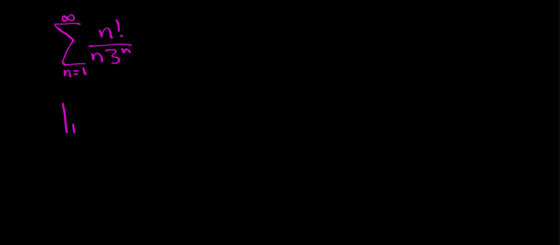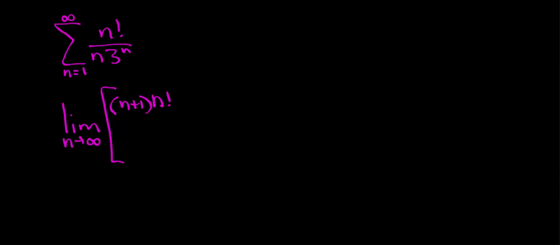We've got the limit as n goes to infinity. Now, here's what I want to do. I'm thinking I'm going to need to cancel out this n factorial in a minute. So instead of writing n factorial, let me do this shortcut. I'm going to write n plus 1 factorial as n plus 1 times n factorial.